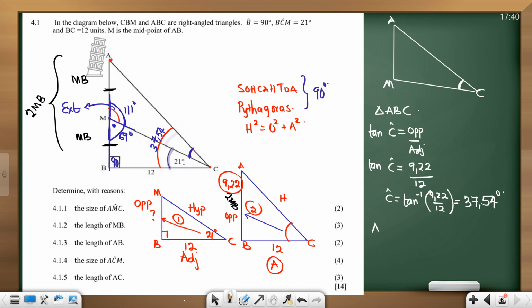So ACM is 37.54 degrees minus 21 degrees. And that would give me 16.54 degrees. Let me know. That was 4 marks. Beautiful question. Let me know if it makes sense.